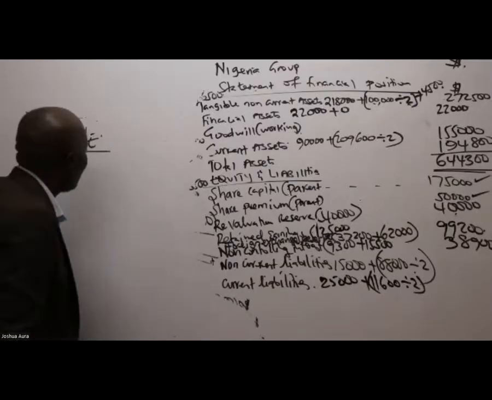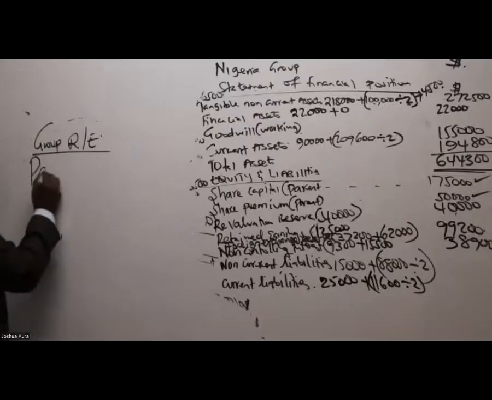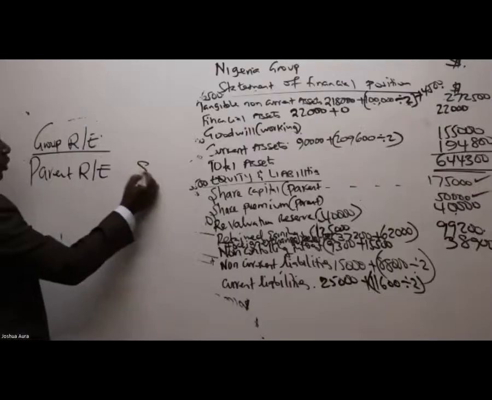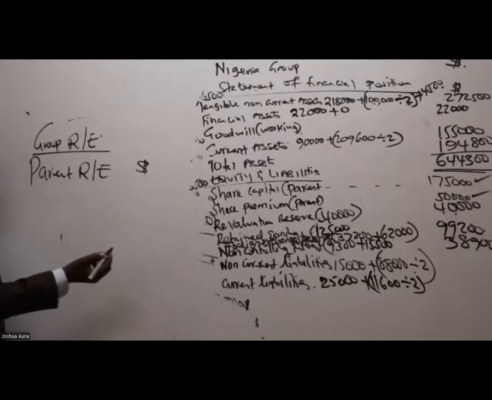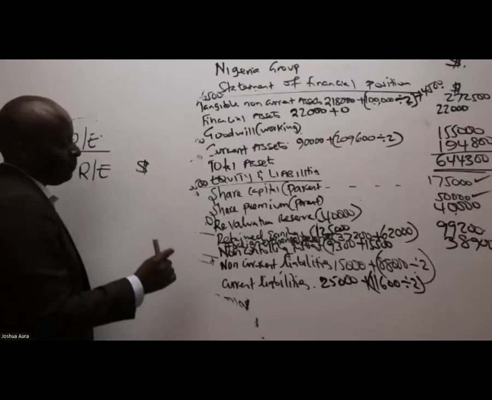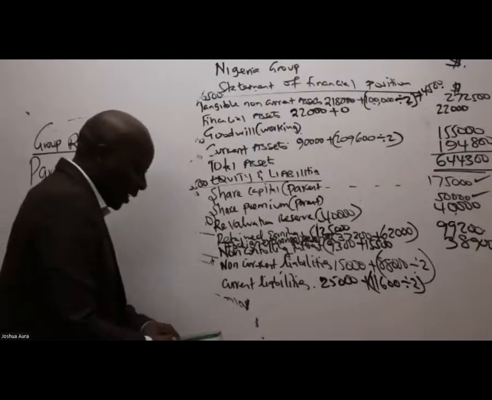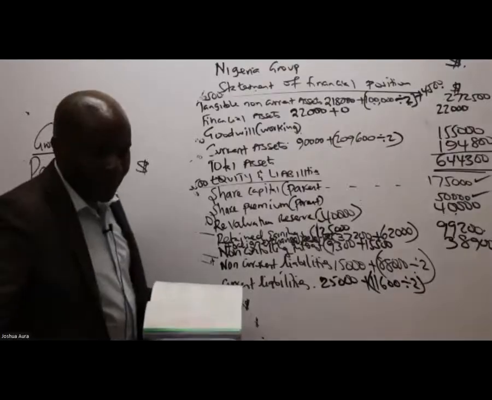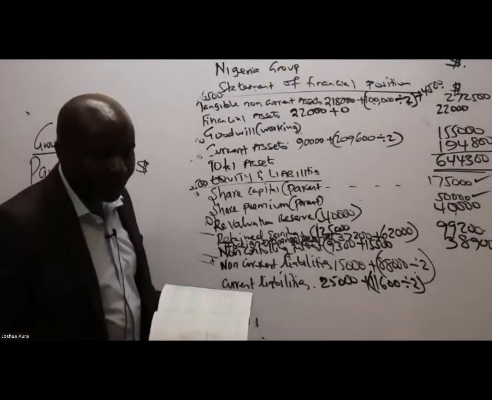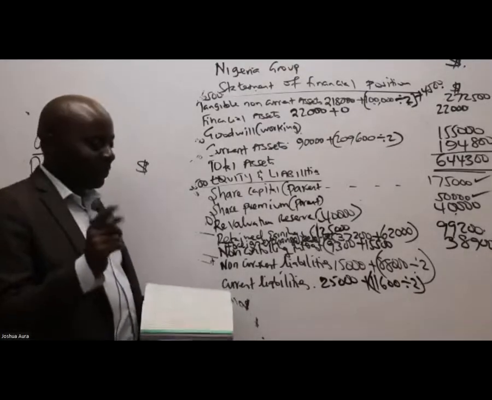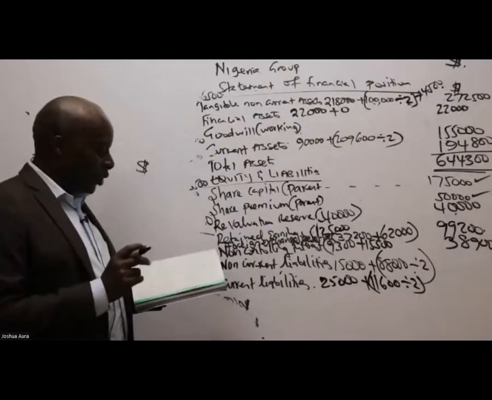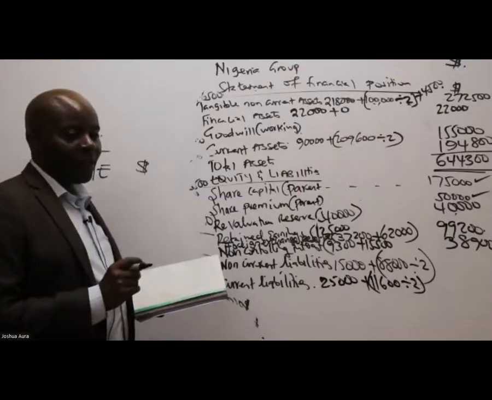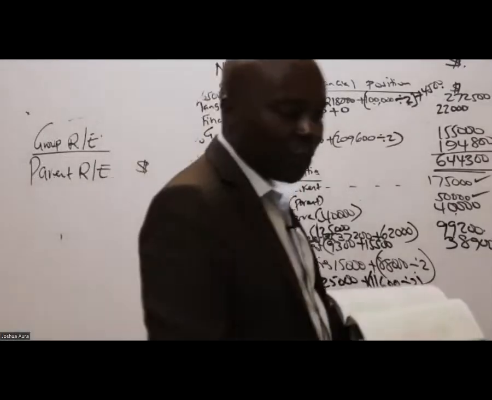I have the parent's retained earnings, which are in dollars already, so I have no problem with them. So the parent's retained earnings here, how much is it? Thank you very much. I can see now you guys have an idea. Parent's retained earnings from the balance sheet.